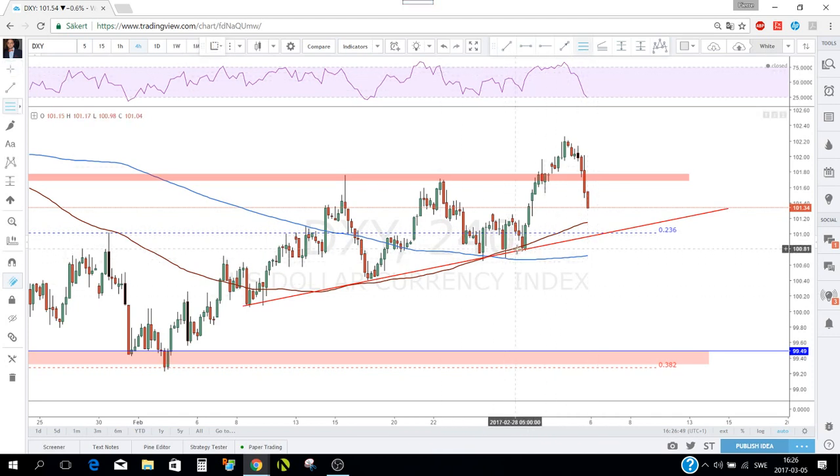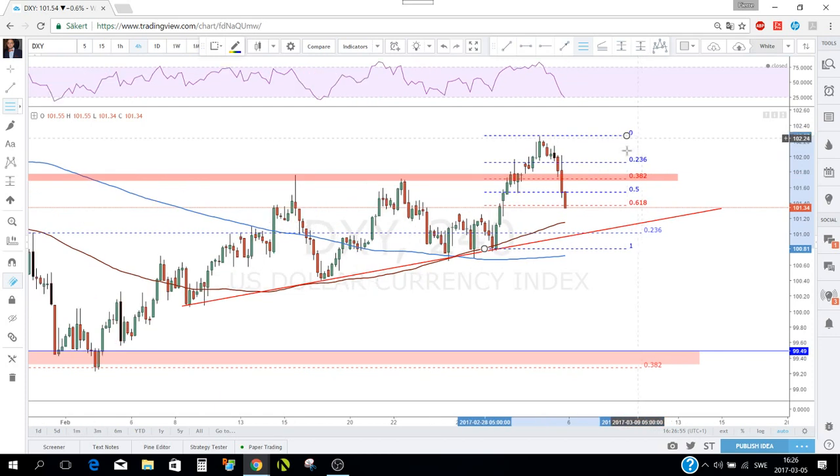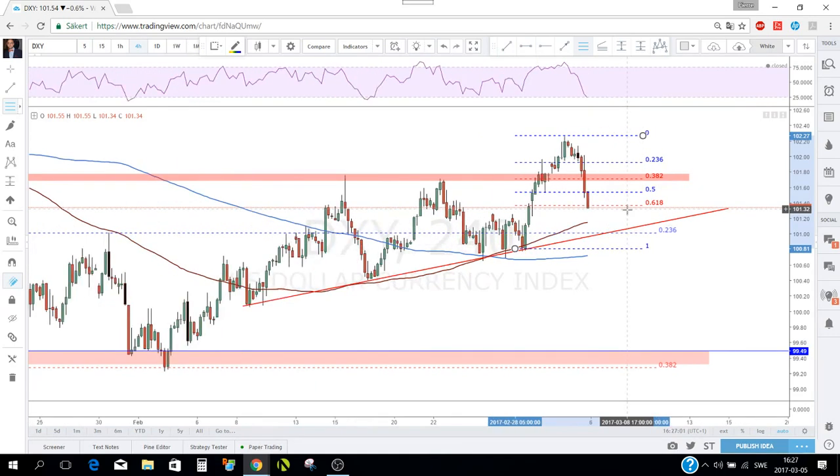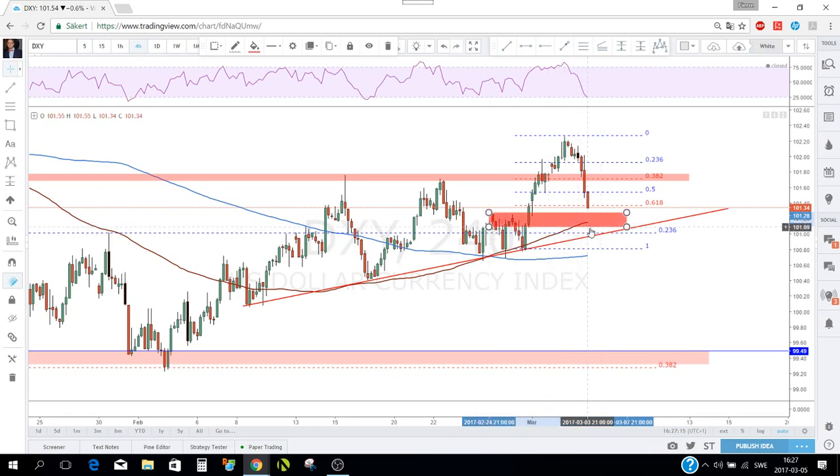If you take a Fibonacci retracement tool and measure this move, we are at the 0.618 at the moment, and I'll be looking at somewhere in this area to see how price will react back down here, near the trend line and near this structure, where I will be looking for maybe a bounce.